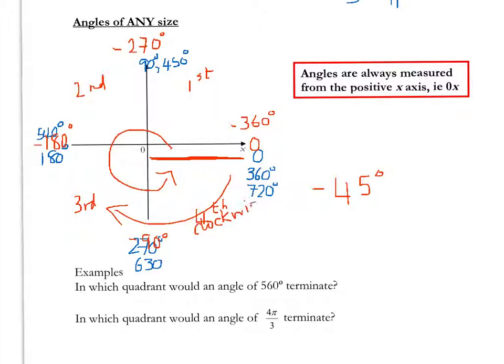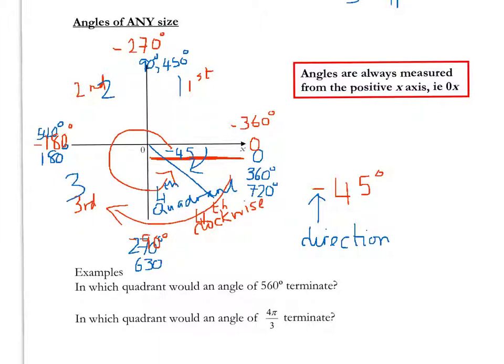We have negative angles. If we look at minus 45 then, it's actually going to lie here, minus 45, and the minus only refers to the direction in which we go from the OX axis, from that horizontal axis. So minus 45 degrees would be in the fourth quadrant, and we still name them as first, second, third and fourth quadrant.